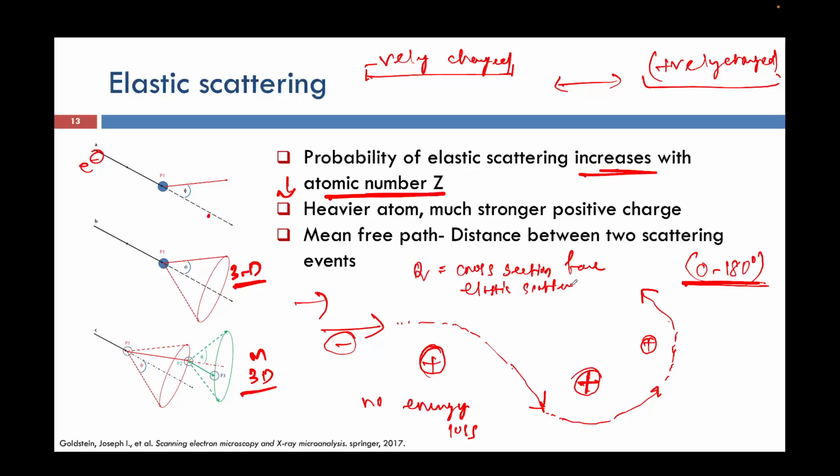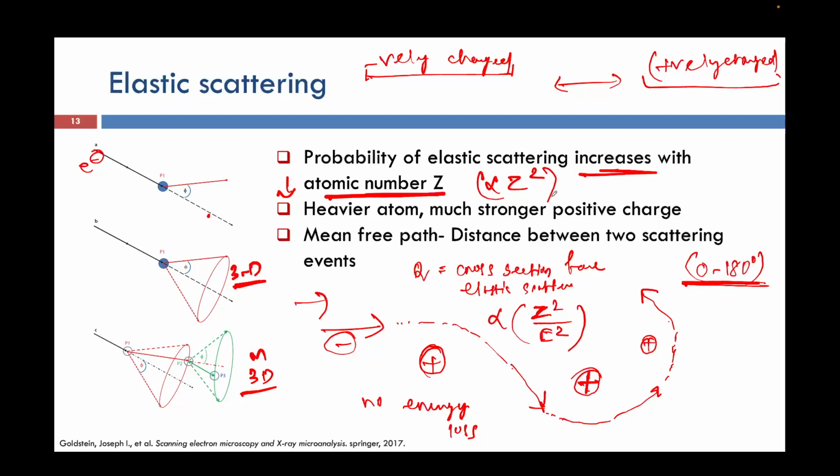Okay, so it is a very complicated expression. You just need to remember this Q will be directly proportional to Z square by E square. This is the term you have to remember. So here the probability of elastic scattering increases with atomic number Z. And how does it increase? It increases proportionally by square.